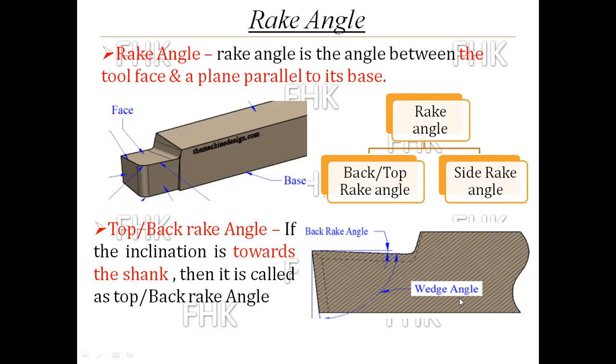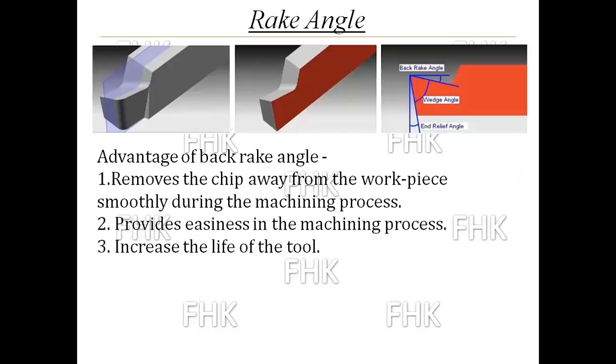In this two-dimensional view, you can see that back rake angle, this inclination is given towards the shank. This angle made by the face with the line parallel to the base, this is the base. This inclination is called a top rake or back rake angle.